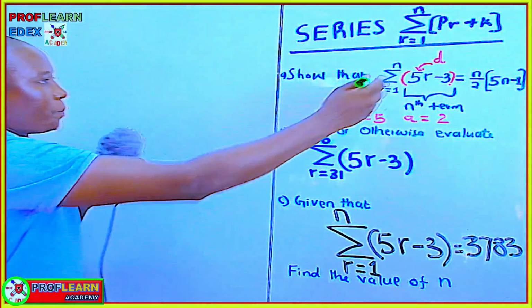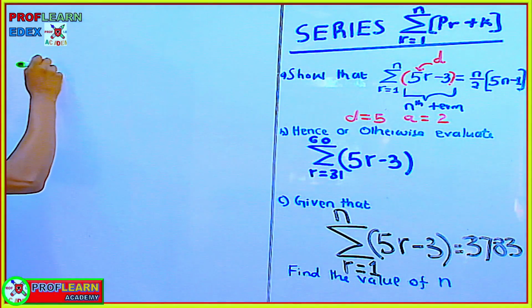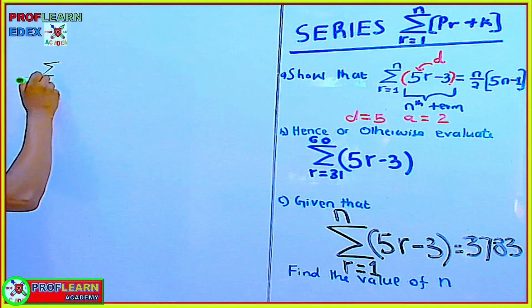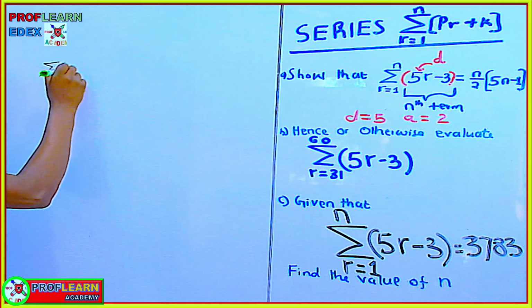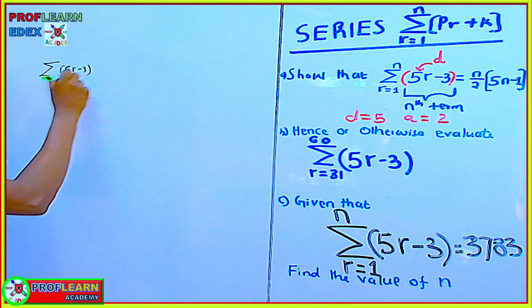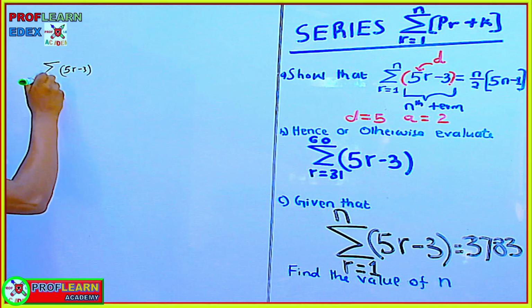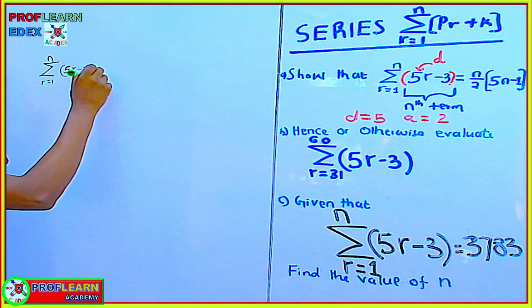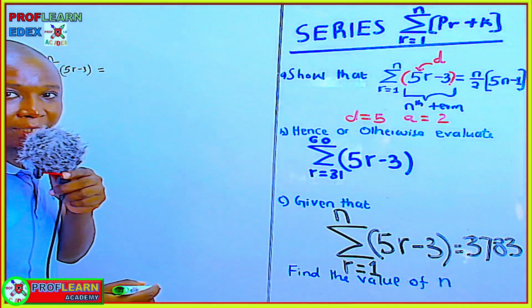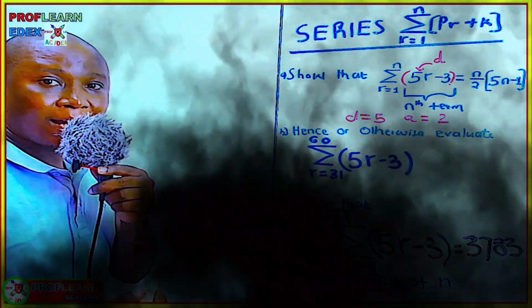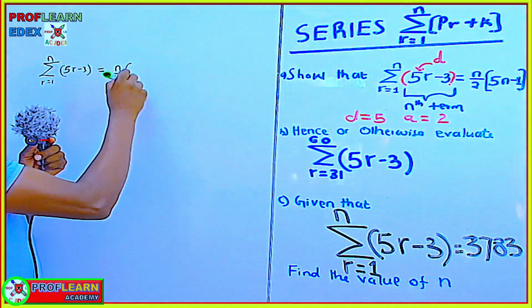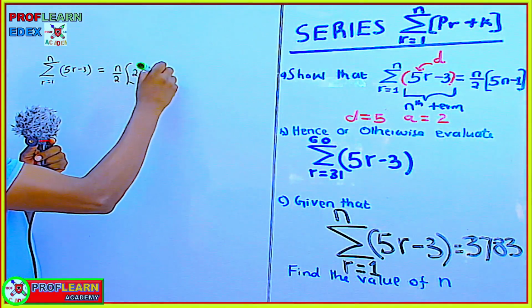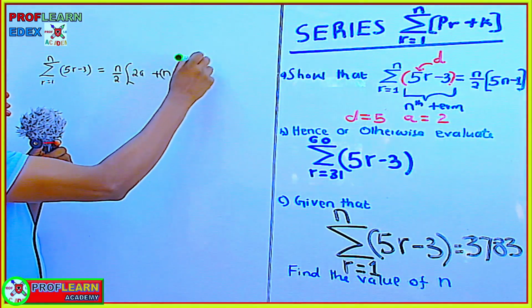Now, in order to prove this, we're going to say the summation of 5r minus 3 from r equals 1 all the way to n is going to be given by the sum of an arithmetic series. The sum of an arithmetic series is usually given by n over 2 into bracket 2a plus n minus 1 into d.